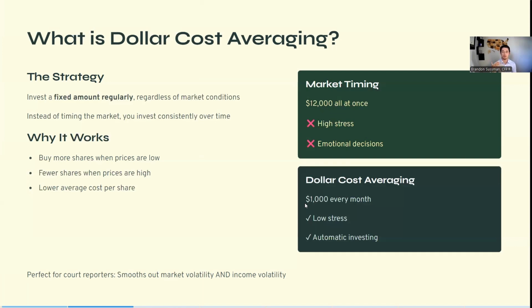And we just set it up where it would be automatically happening every month. So it's not something that you're actively making a decision on, and you don't have to worry about it. It's just running in the background, and we're not trying to time the market and hope that today was a good day or a bad day to start investing.